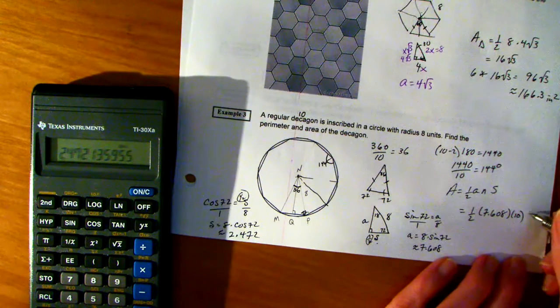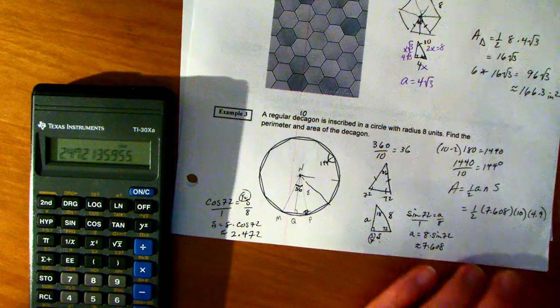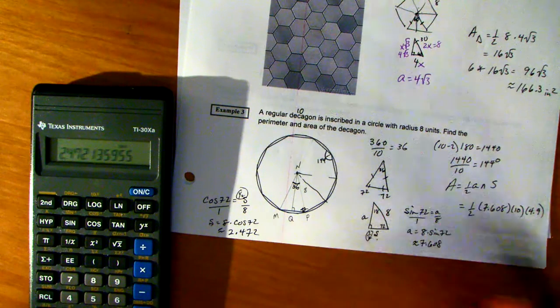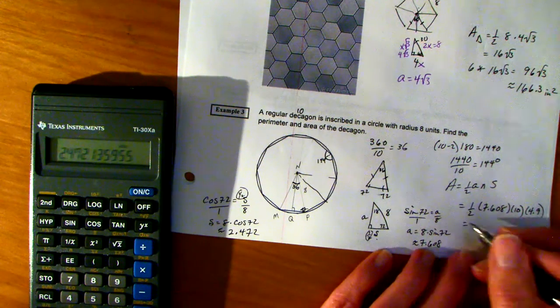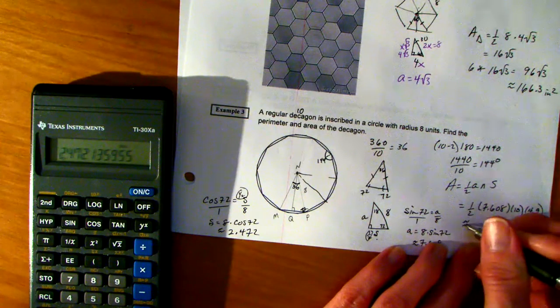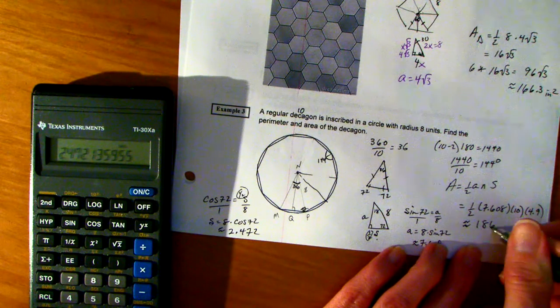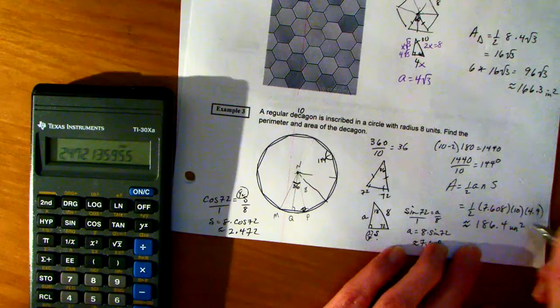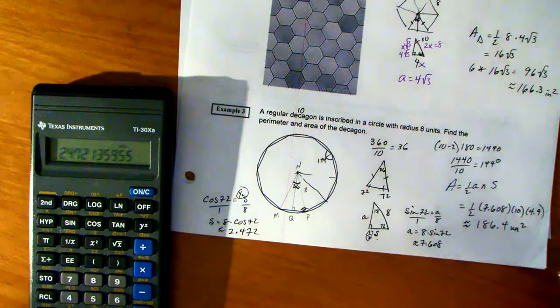Let's use about 4.9, with lots of decimals. When you put all of this in the calculator, you get about 186.4 units squared.